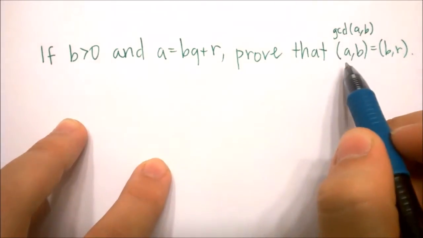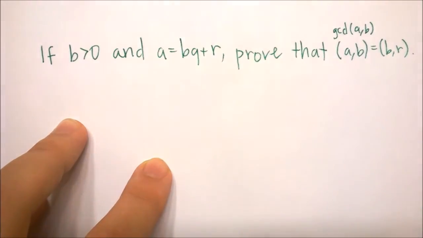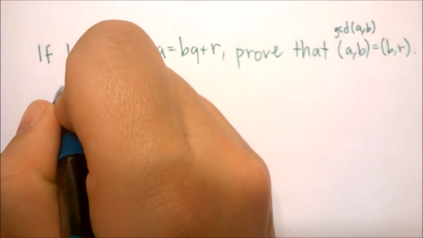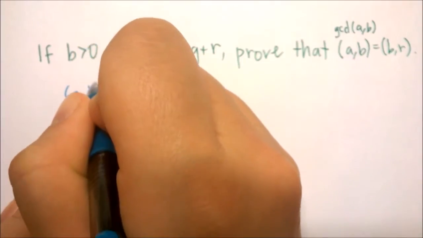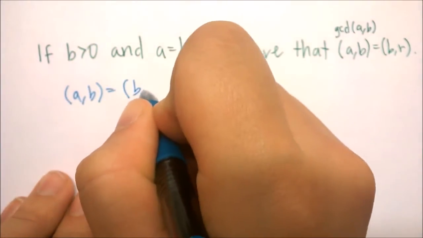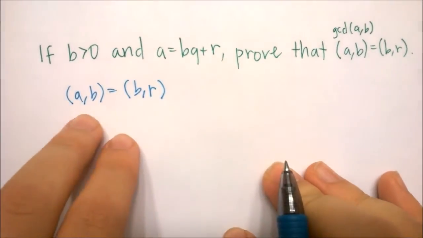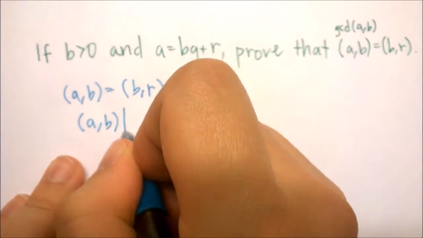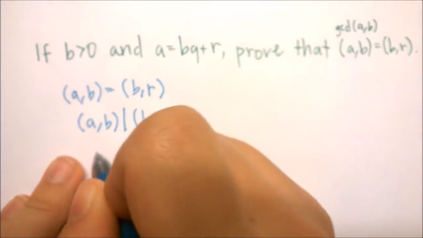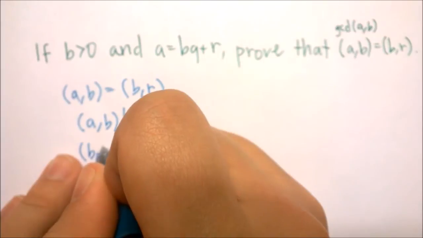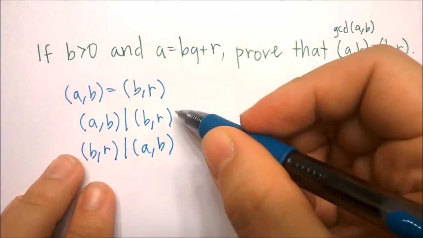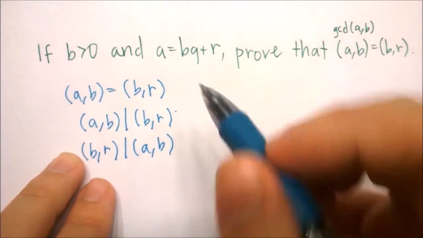If I want to show equality with divisibility, and we're using divisibility here because we're using divisors, then to show the greatest common divisor of a and b is equal to the greatest common divisor of b and r, I can show that the GCD of a, b divides the GCD of b, r, and the GCD of b, r divides the GCD of a, b. If I can show that these two things are true, then I know that they're equal.